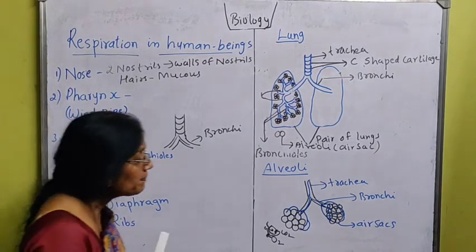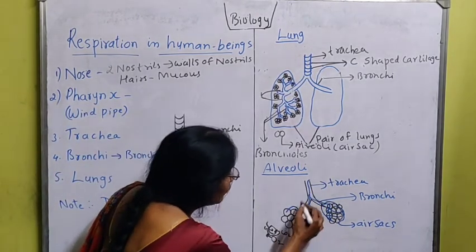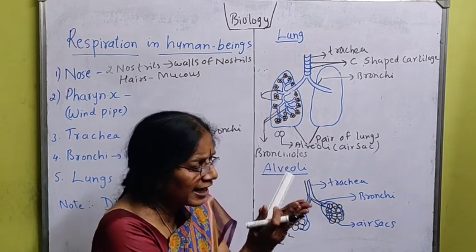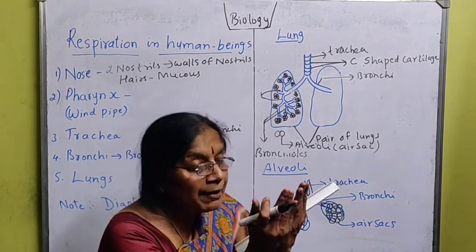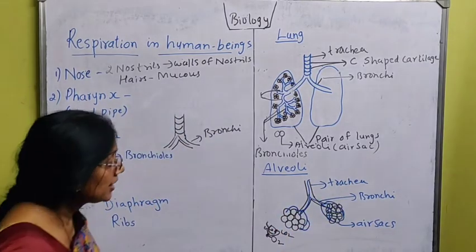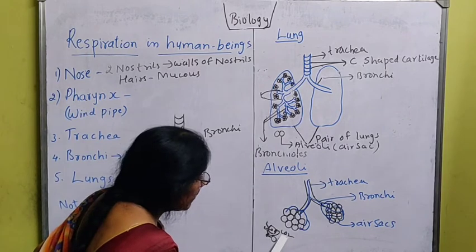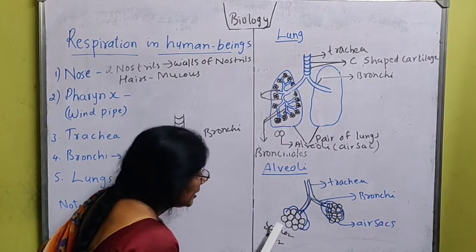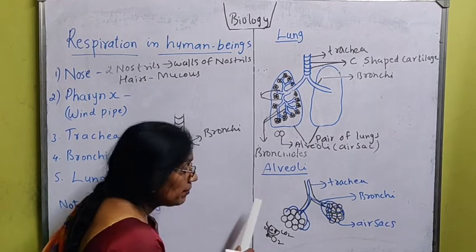Why should the alveoli expand? Because the blood capillaries are connected to the alveoli, and the walls of the blood capillary and alveoli should come in contact with each other. Then only the exchange of gases takes place. So the alveoli expands and comes in contact with the wall of the capillaries, in which the blood is flowing.